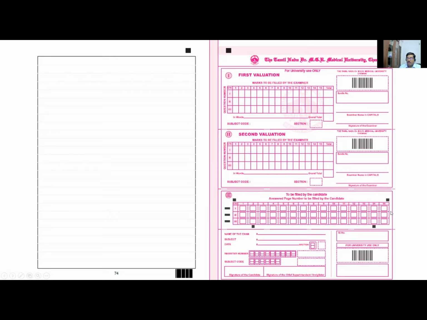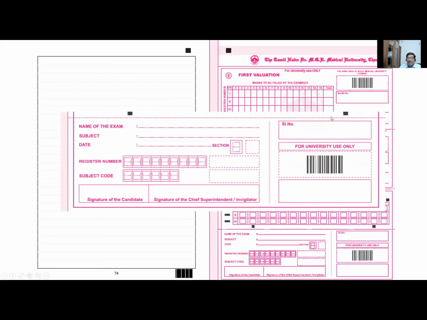The rest is not for you. Usually the name of the exam, the subject, the candidate's name, and the register number are pre-filled. All you need is to place your signature and ensure the chief superintendent's space is filled.